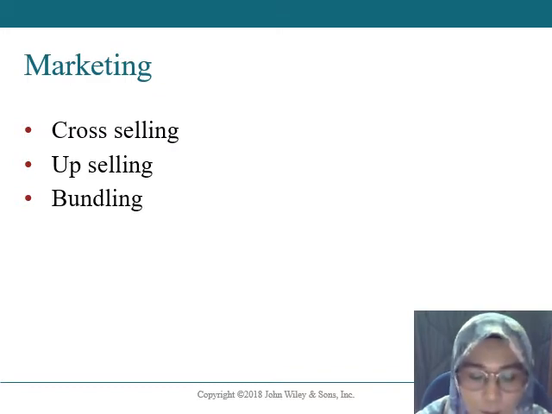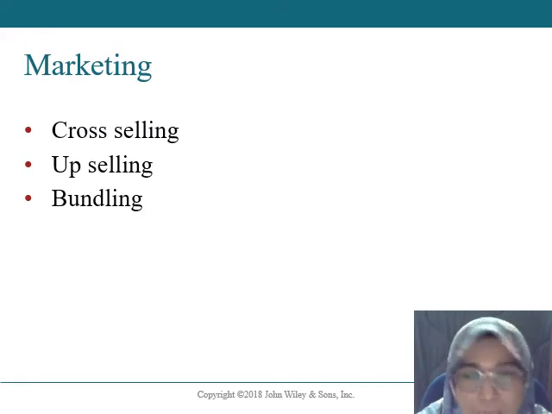Okay, so for cross selling, it is the marketing of additional related products to the customer based on the previous purchase. That is cross selling. Okay, they will look at and recommend related products that the customer has bought, which is based on the previous purchase from the customer.